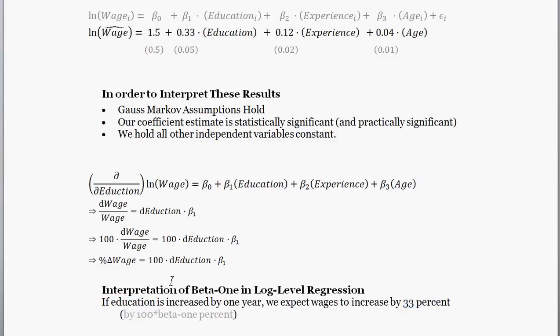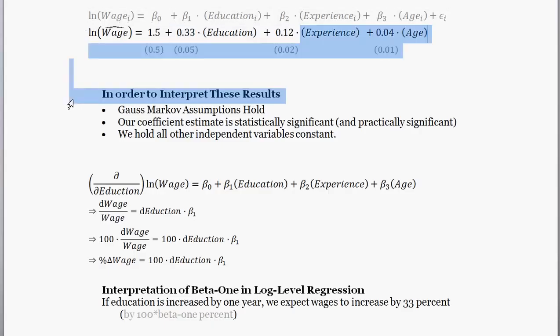To correctly interpret this, we need to be aware of the units of changes in education, and we also need to know what beta 1 is. A one year increase in education, we expect to increase wages by 33%. We could also interpret experience.